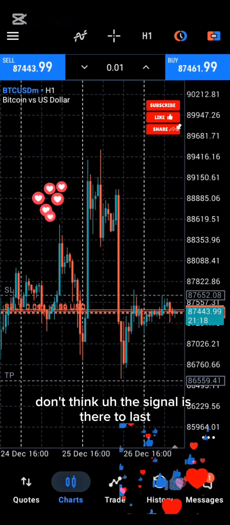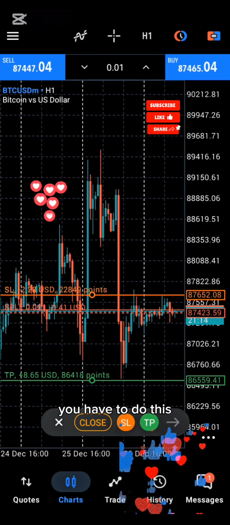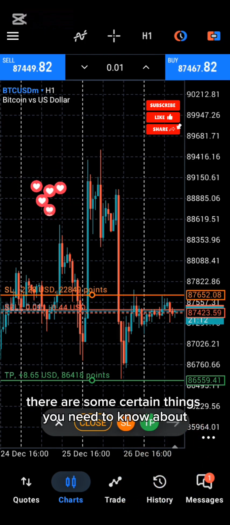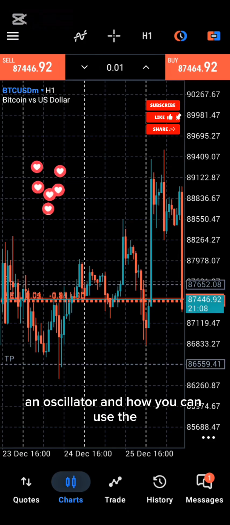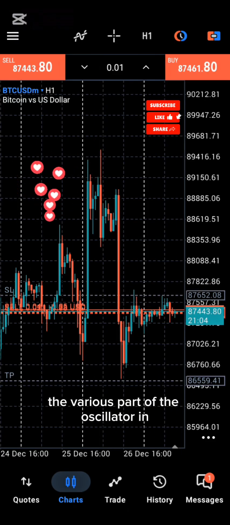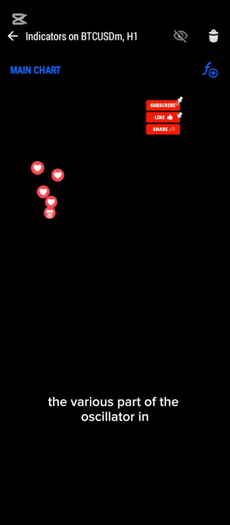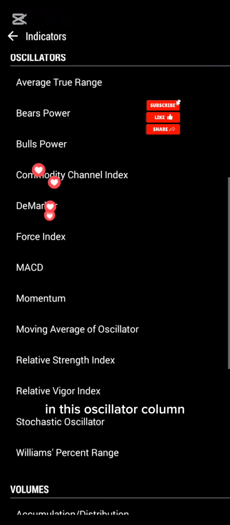Don't think the signal is there to last, so you have to catch the trend. There are certain things you need to know about an oscillator and how you can use the various parts of the oscillator in this oscillator column.